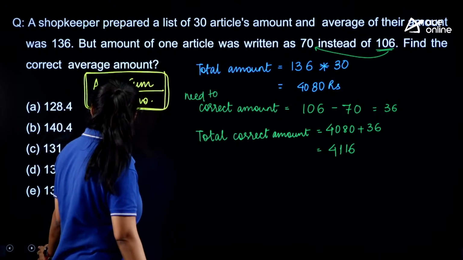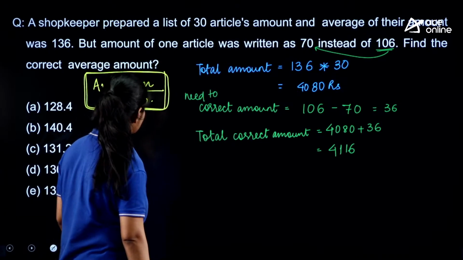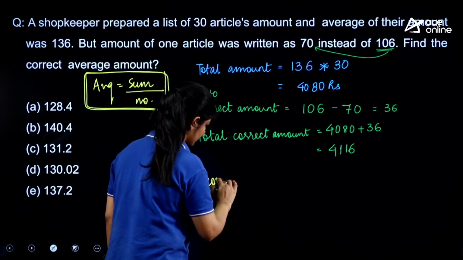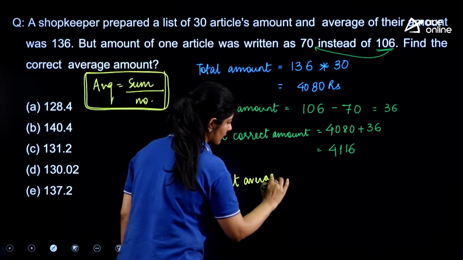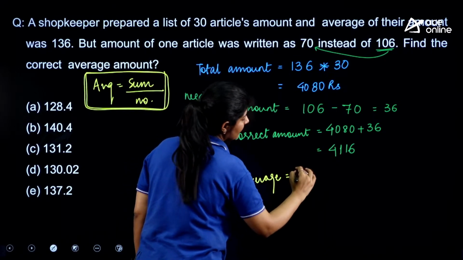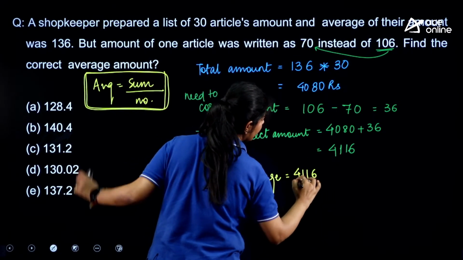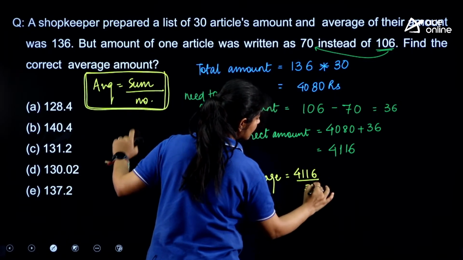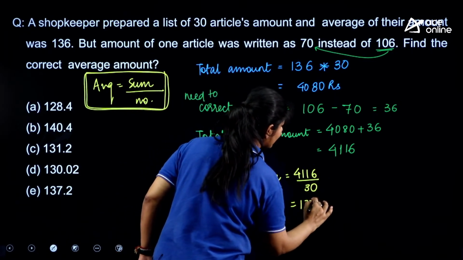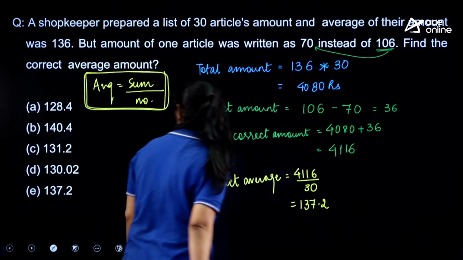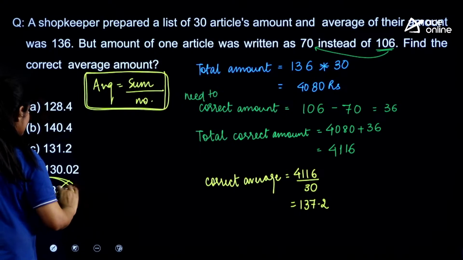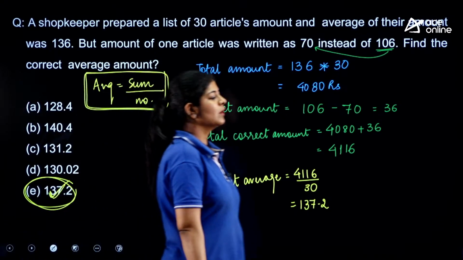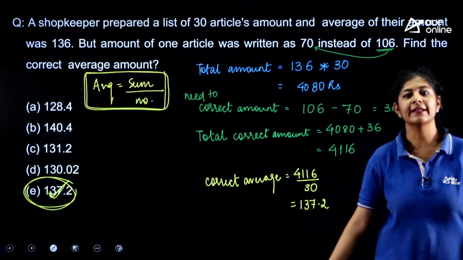Now we need to find out the correct average. Correct average is nothing but the total sum divided by the number of articles. If you solve this, you will get 137.2 as your new correct average. Option number E is the correct one.